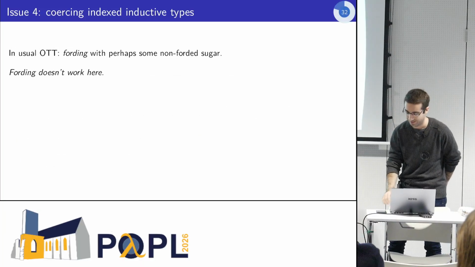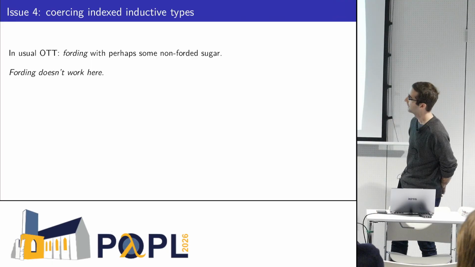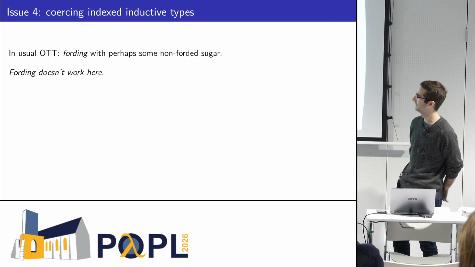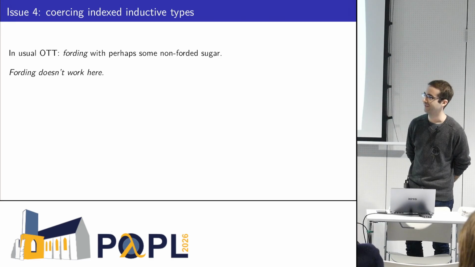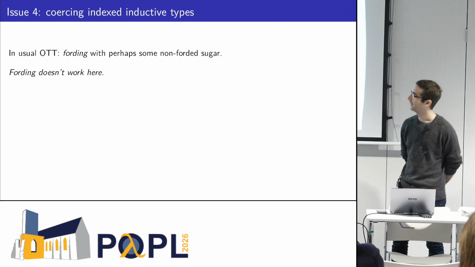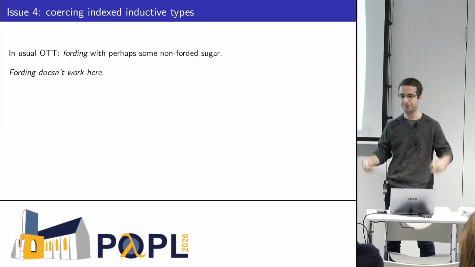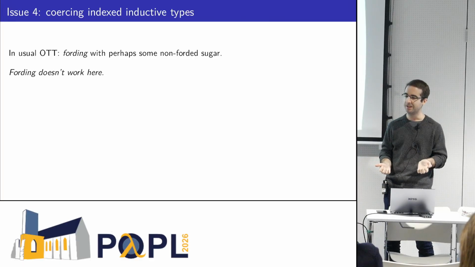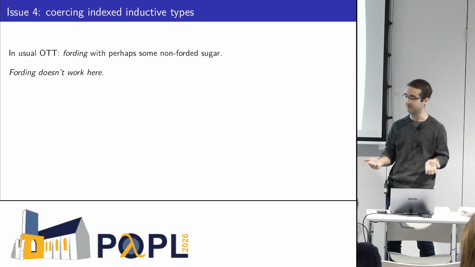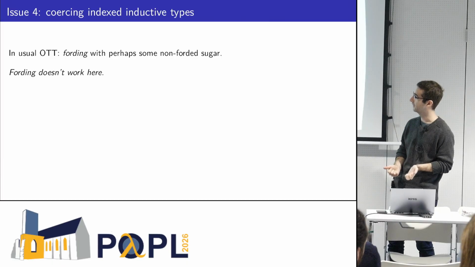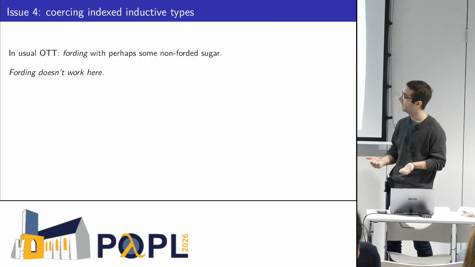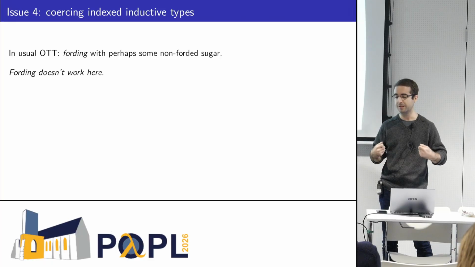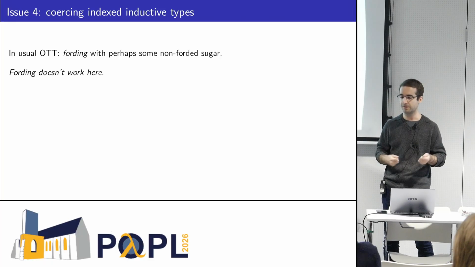Okay. And another issue, this is the last one that I know: coercing indexed inductive types. In usual OTT, we just do forwarding. The forwarding is that we don't really have indices. We only have parameters. And then we fix up the parameters by using equations inside inductive constructors. So this is a very standard technique. And in my opinion it can be made okay from a user experience perspective.